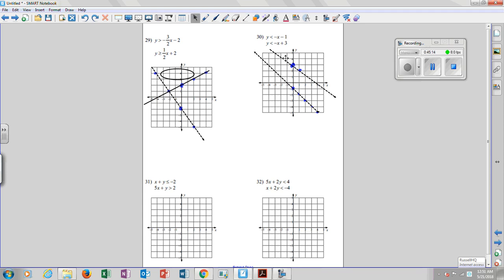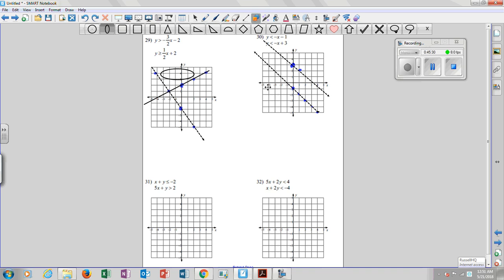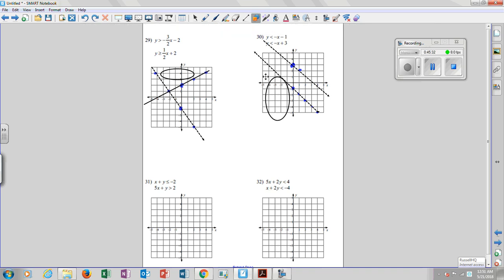Then it's shading beneath both of them. And so the area that would get shaded would be this one down here, below both lines.